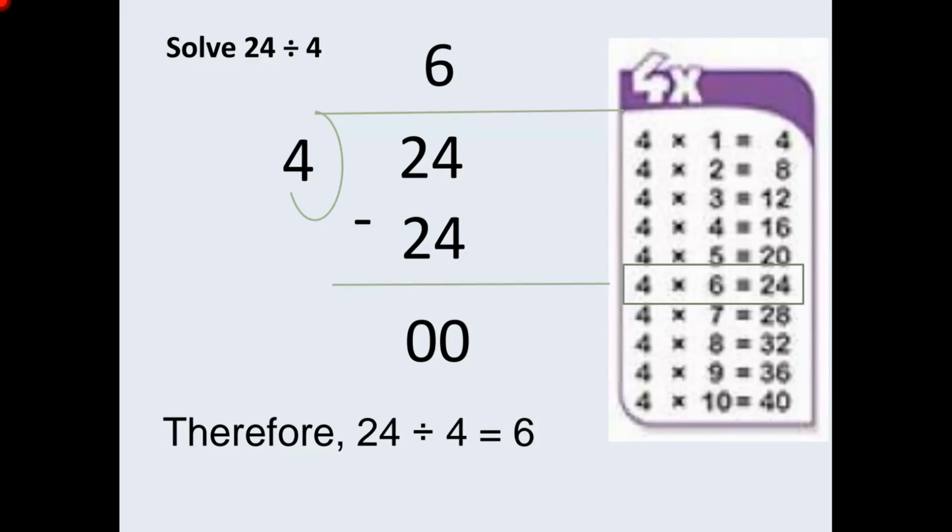Okay. 24 divided by 4. So we will write 4 outside and 24 inside. 4 6 is 24. We will write 6. So 24 minus 24 is equal to 0. 24 divided by 4 is equal to 6. Okay.